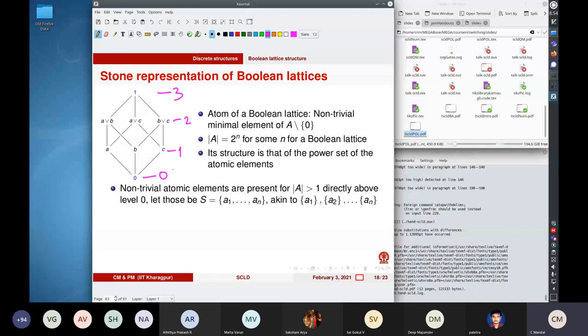So in level 0 you have subsets with 0 elements. In level 1 you have subsets with 1 element. In level 2 you have subsets with 2 elements. And here you have level 3, which is really your subsets with all the 3 elements.